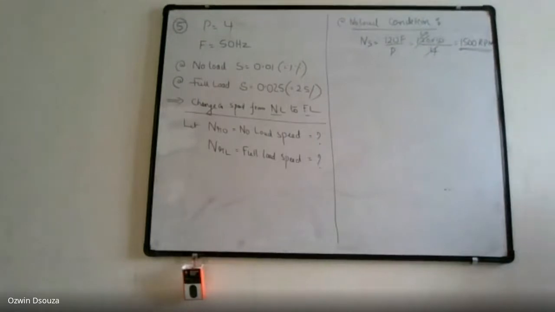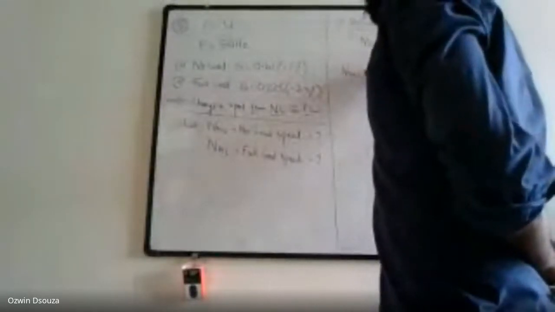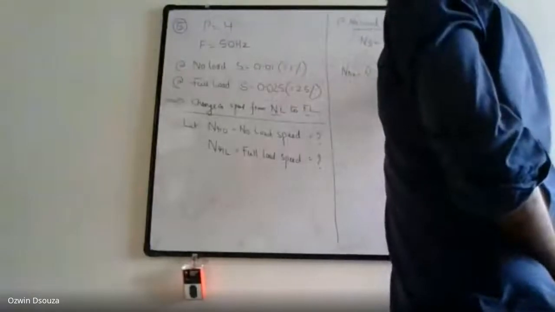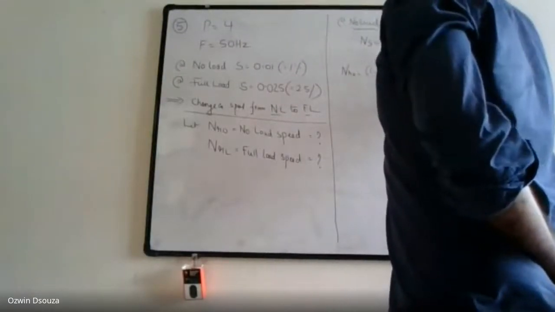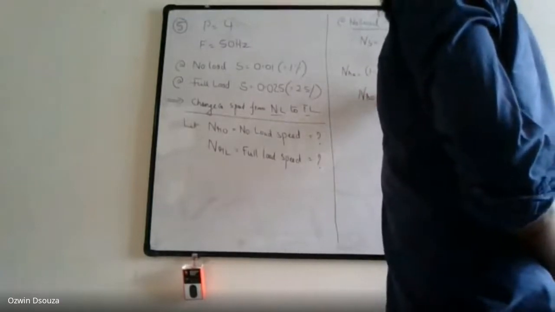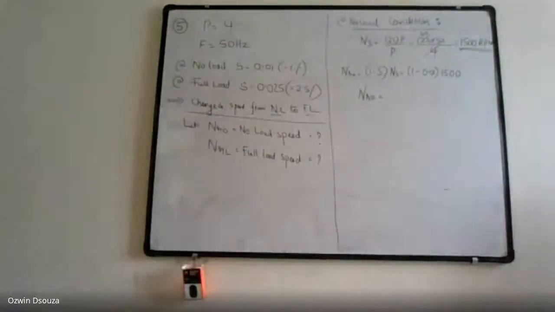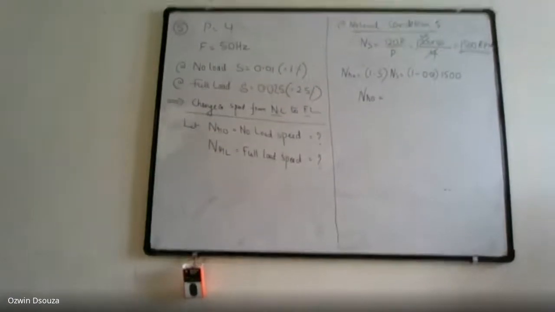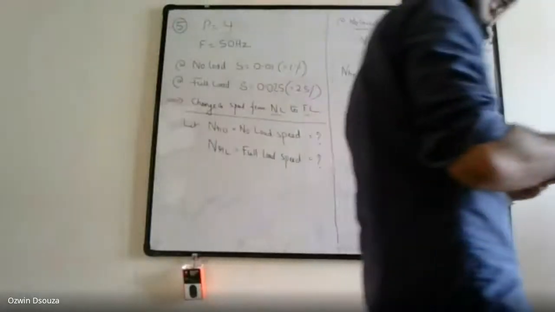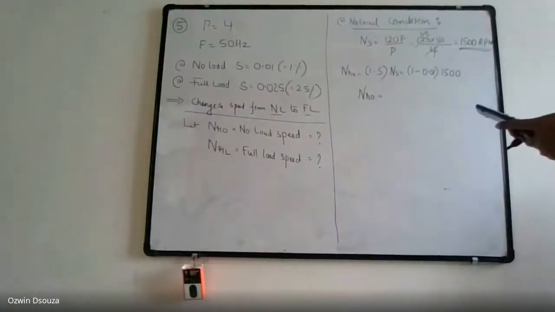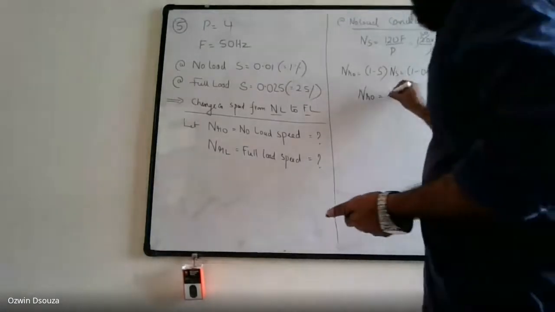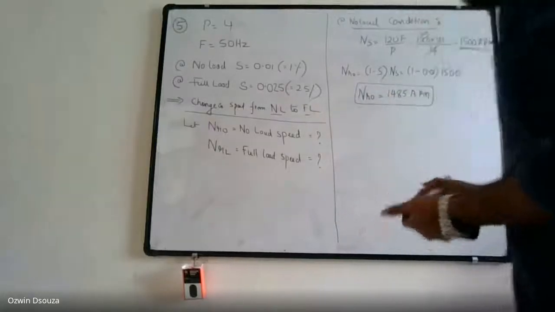Once synchronous speed is known, you can find NR naught. NR naught is (1 minus S) into Ns, so (1 minus 0.01) into 1500 RPM. That gives 1485 RPM.